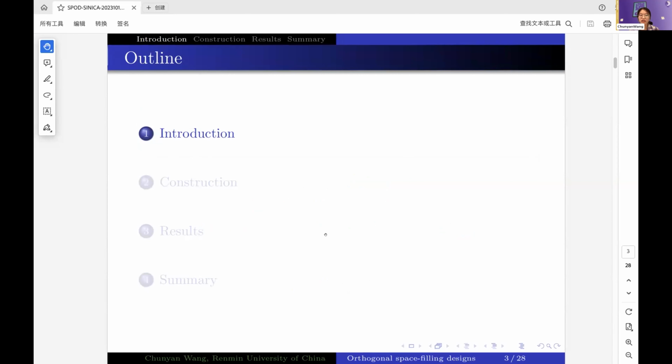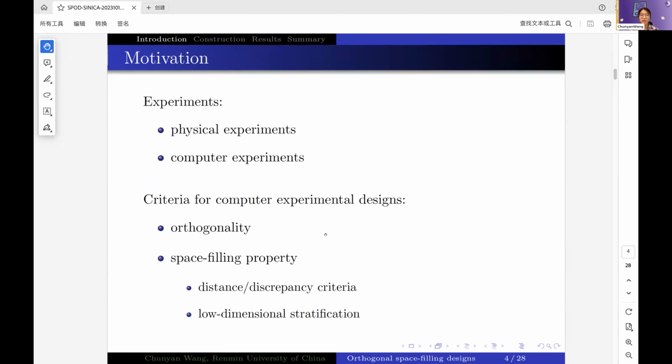There are 4 parts in the talk in total, and the first part is the introduction, where we show the background and the motivation of this work. As we all know, experiments are very important in every field, and they can be divided into physical experiments and computer experiments.